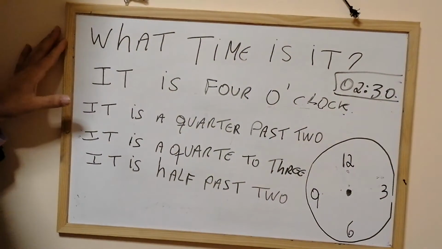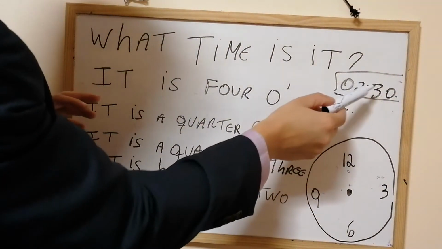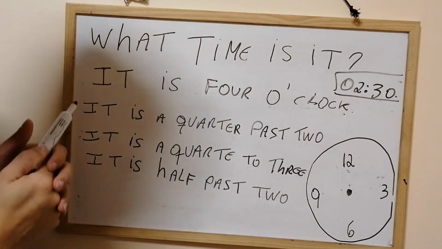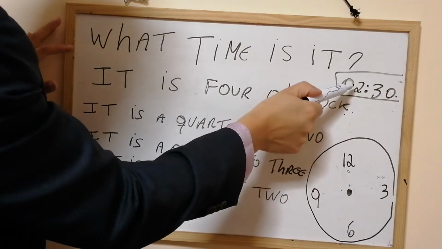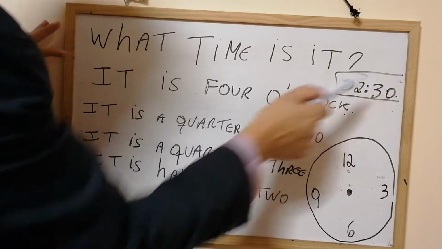okay, let's go again for a digital clock, okay? I like the digital clock. I never get mistake. So it is 2 hours and 30 minutes.